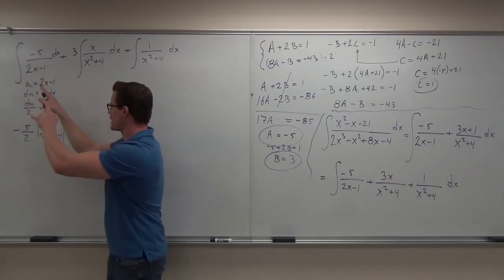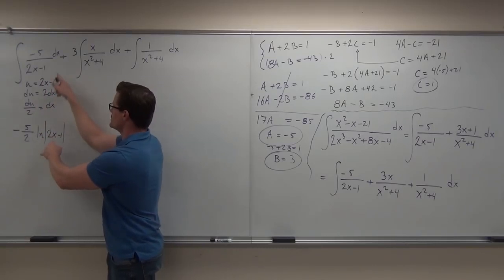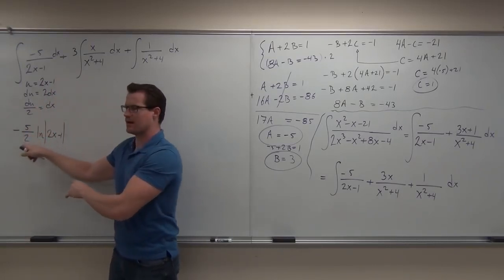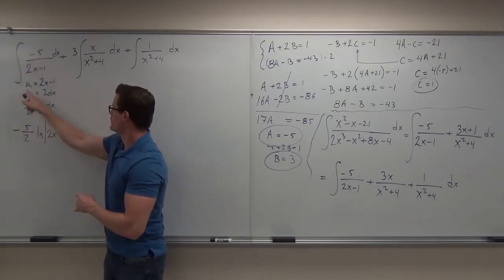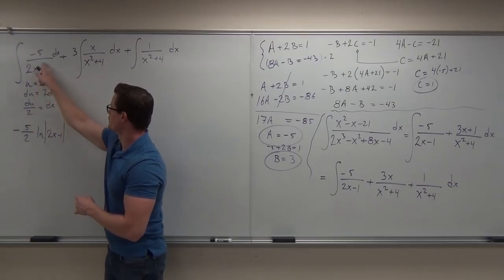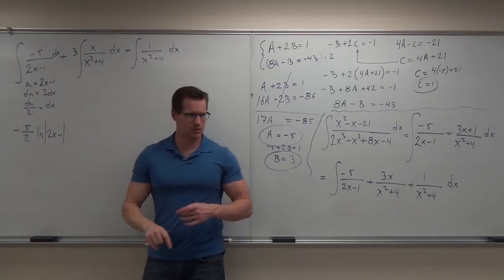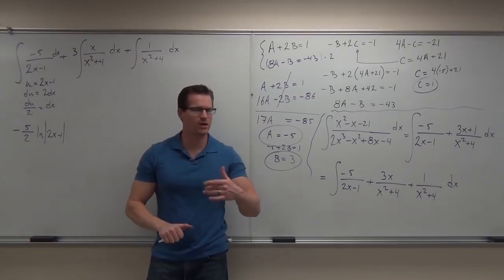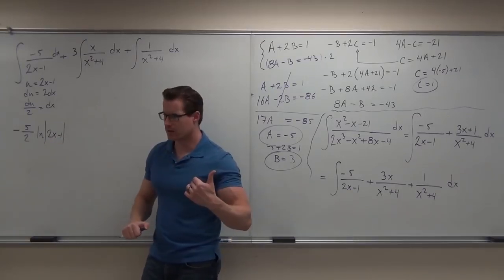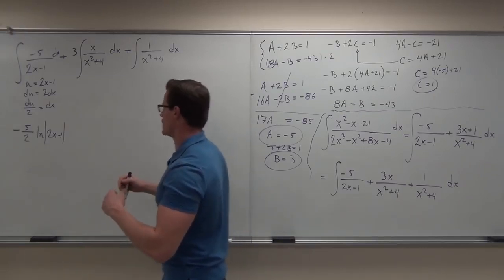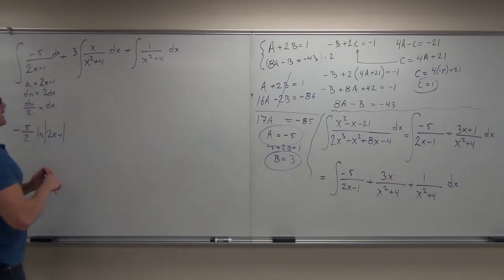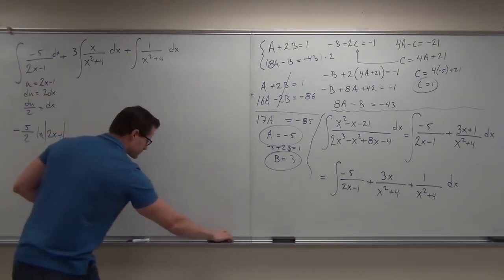You plug back in for your u, and the du over 2 gives us our -5 halves ln absolute value of 2x minus 1. Okay with that one? We're going quick, but if you need a refresher on that, go back and look at that section online or on the video. Okay, next one.